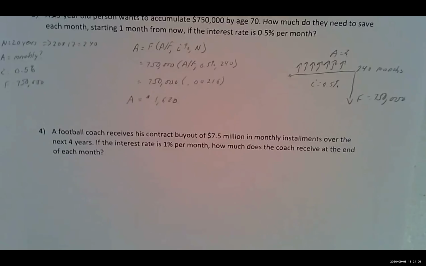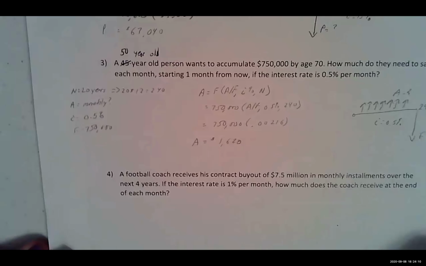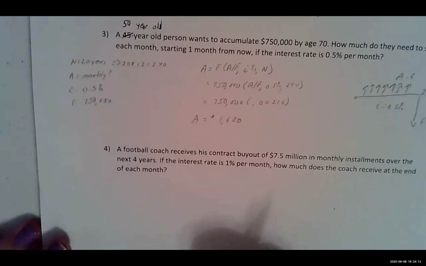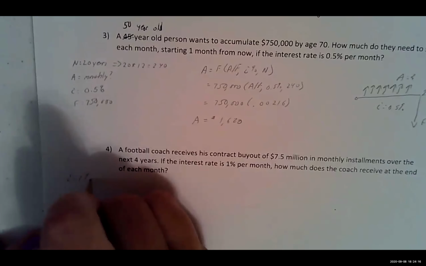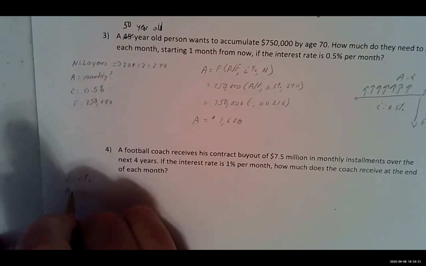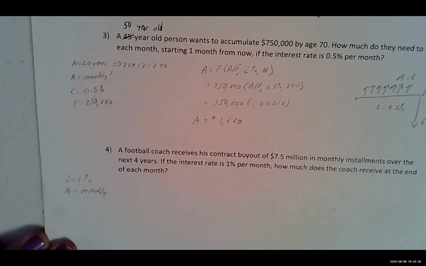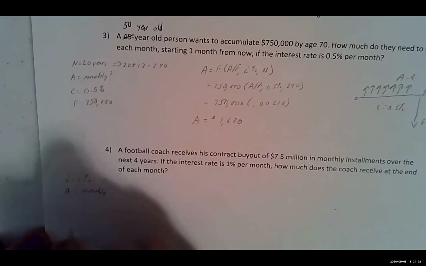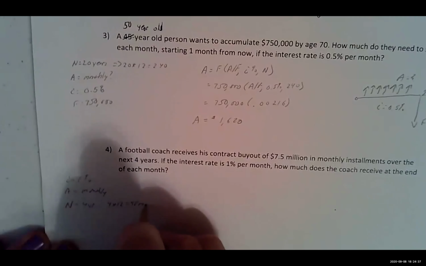Well, again, we're looking at our interest rate is 1% a month, and our annuity is going to be in monthly installments. And so our N, instead of being 4 years, needs to be 48 months.